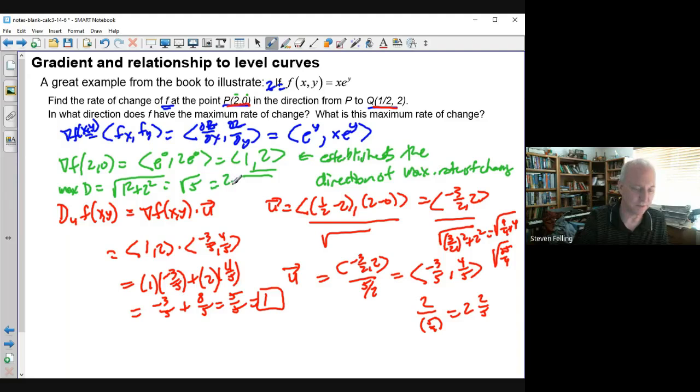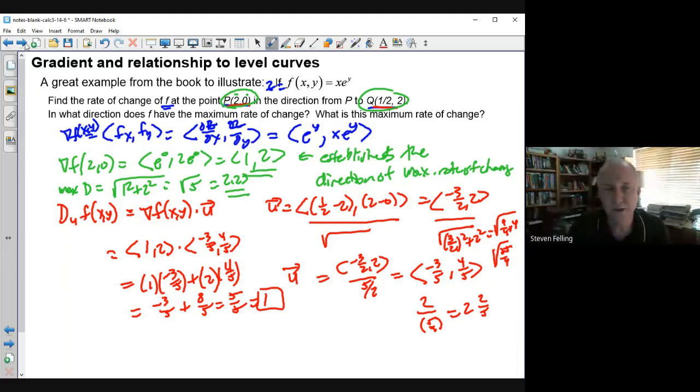So basically the fastest that you'll go, if you're at the point on the surface above 2, 0, is about 2.25 up in z for every 1 unit that you change, right? But to go from this to this, it's a different direction, which is not the max rate of change. And in that direction, it only increases 1 unit in z for every 1 unit in this direction. So this is the directional derivative, which is a percentage of the gradient, which is the maximum rate of change.